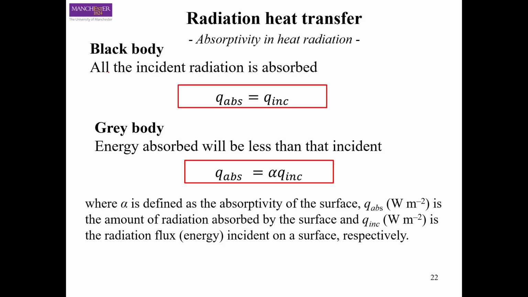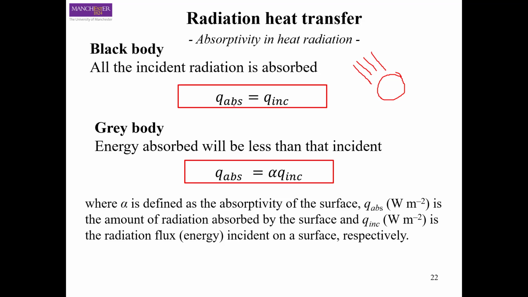If you have a black body, all the incident radiation is going to be absorbed. So if you have this body here and certain radiation falling on this object, and the object is a black body, all the energy in the incident radiation, Q incident, will be absorbed by the body, which means Q incident should be equal to Q absorption.